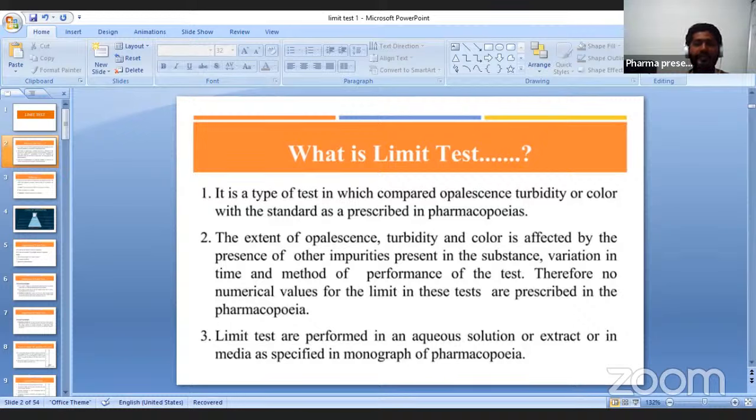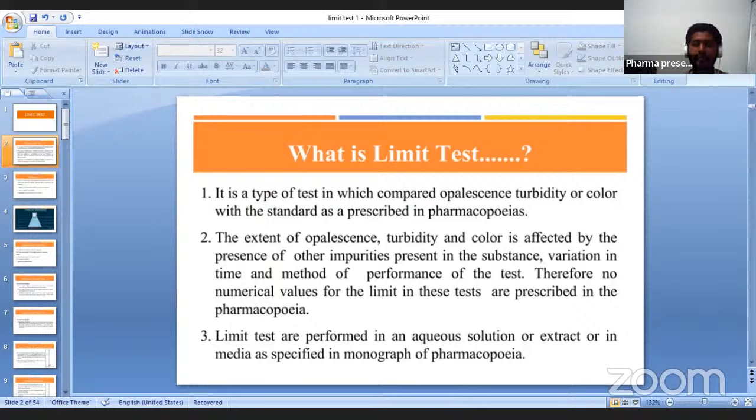Then finally we add barium sulfate reagent. It is not purely barium sulfate; it is a barium sulfate reagent, which is a mixture of barium chloride and potassium sulfate. I will discuss exactly what this is. Then we stir it with a glass rod, keep it, and observe the turbidity against a black or dark background.